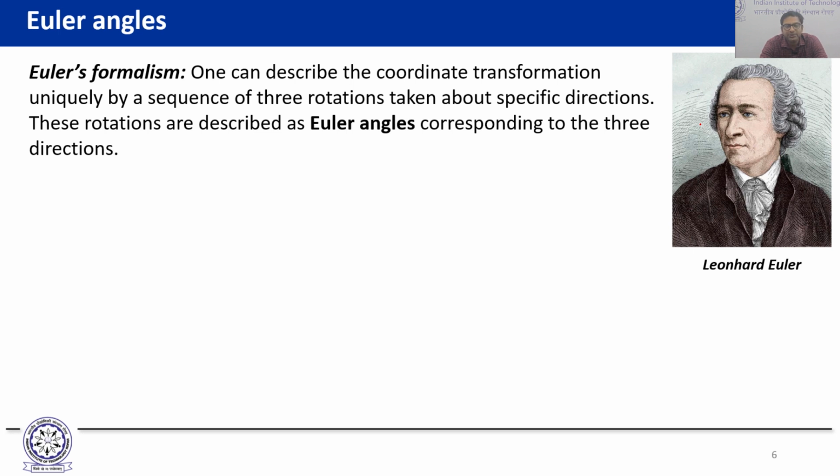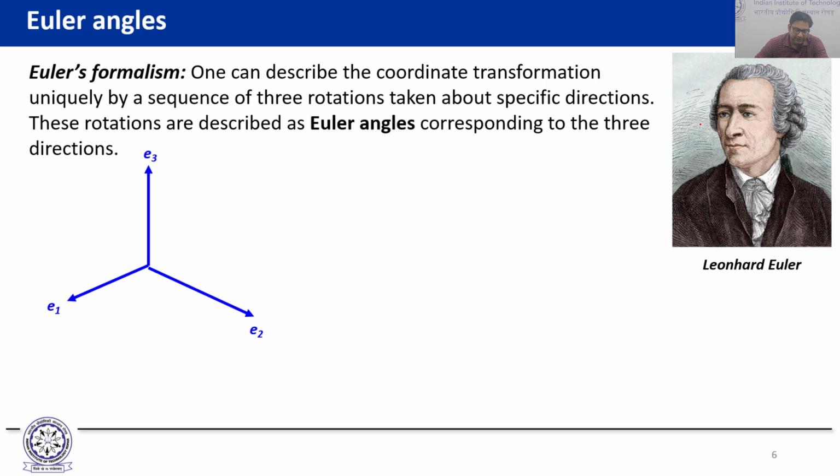The amount by which these rotations are done, the angular rotations, is defined by the Euler angles, and each Euler angle is associated with one of the 3 directions. So you've got 3 Euler angles associated with 3 directions, and each Euler angle is basically a rotation about one of those directions.